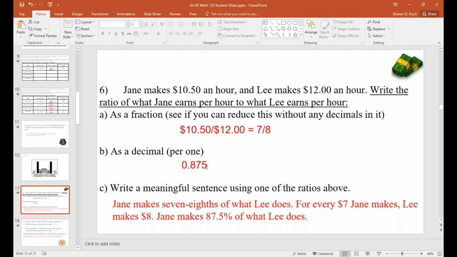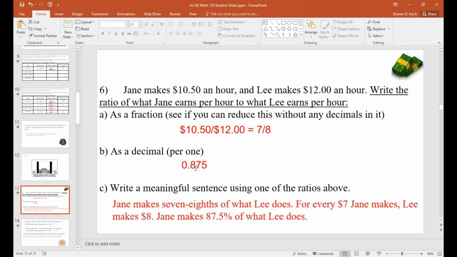So if it's 0.875, if I were to explain what that means, it means that Jane makes only, if I convert this to a percent, in other words, multiply my decimal by 100, 87.5% of what Lee does.